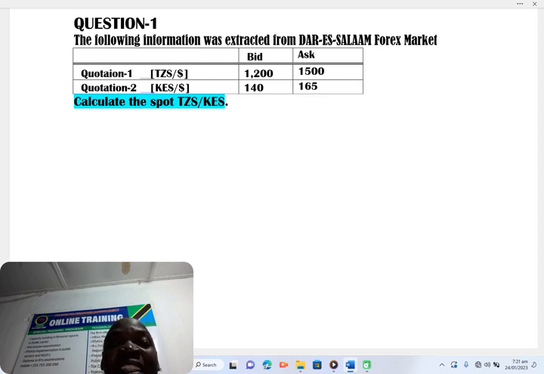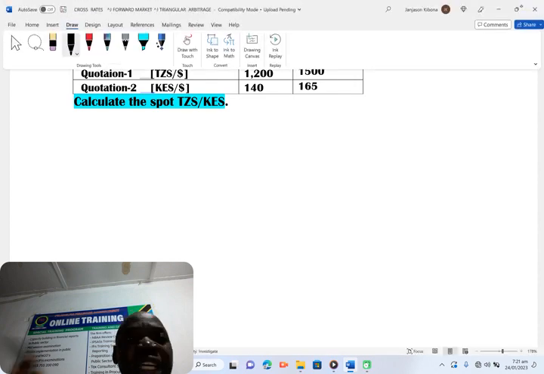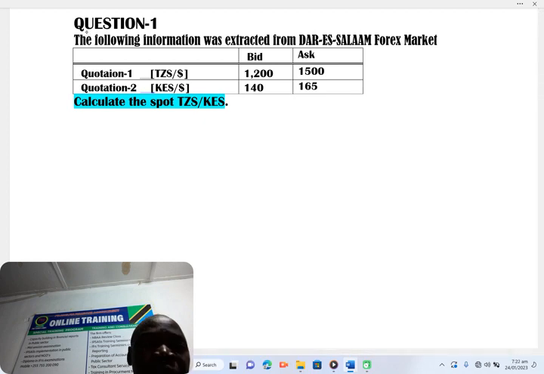Now find Tanzanian against Kenyan, which does not exist, isn't it? Now a problem, there is bid and ask. Now let me start first of all, so that you just understand. So solution.